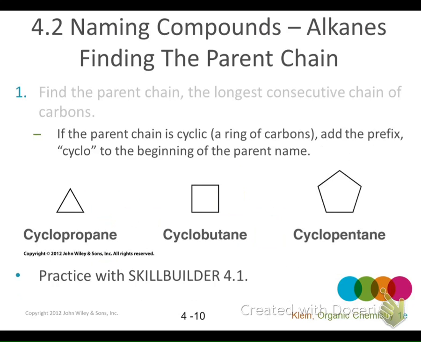The bond angles are 60 degrees, very strained, right? Causes it to be relatively unstable. And then there's cyclobutane, cyclopentane, and also cyclohexane. What would be next? Cycloheptane, cyclooctane, it's the same systematic naming that we use for alkanes, except we prefix it with cyclo.